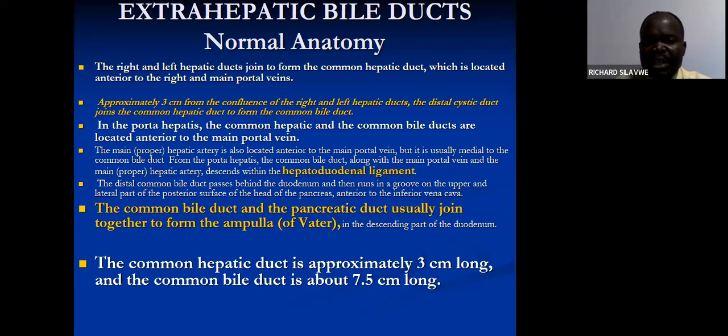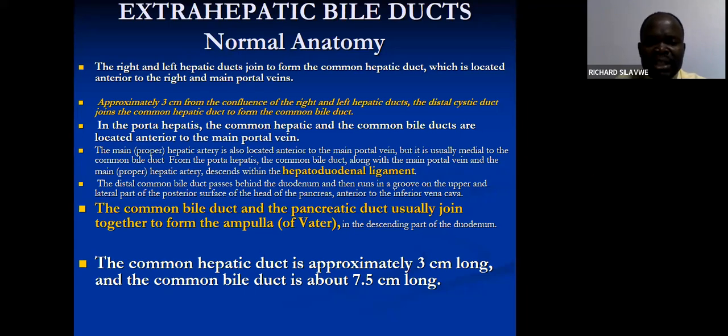The common bile duct, along with the main portal vein and the proper hepatic artery, descends within the hepatoduodenal ligament. The distal common bile duct passes behind the duodenum and then runs in a groove on the upper and lateral part of the posterior surface of the head of the pancreas, anterior to the inferior vena cava.